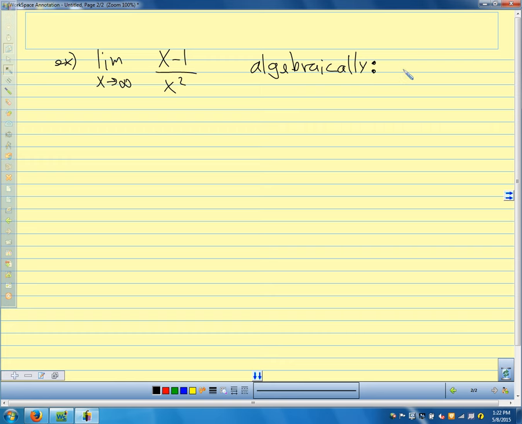For all of these limits at infinity, what we're going to do is divide everything by the highest power of x.